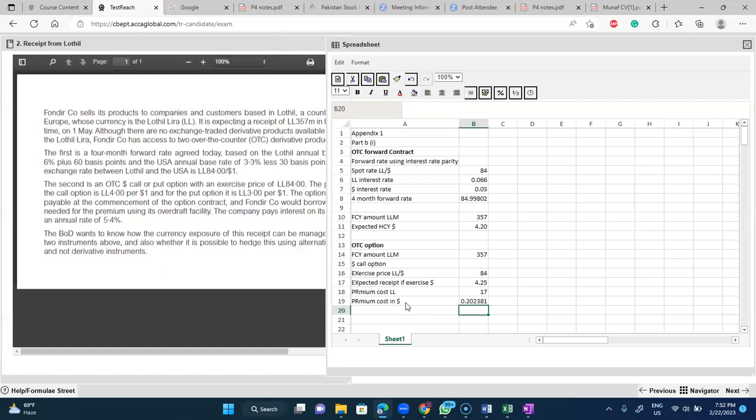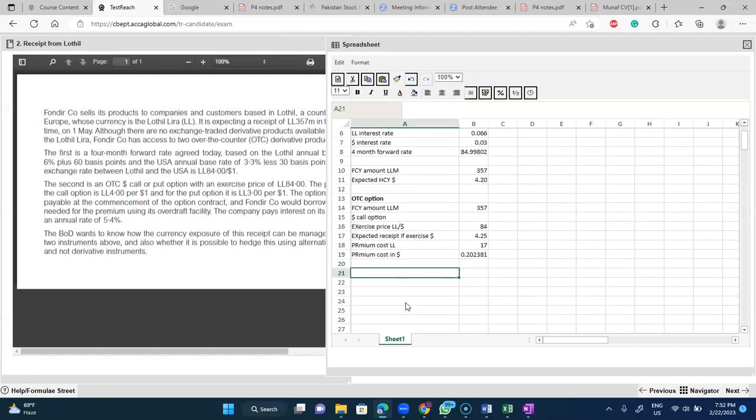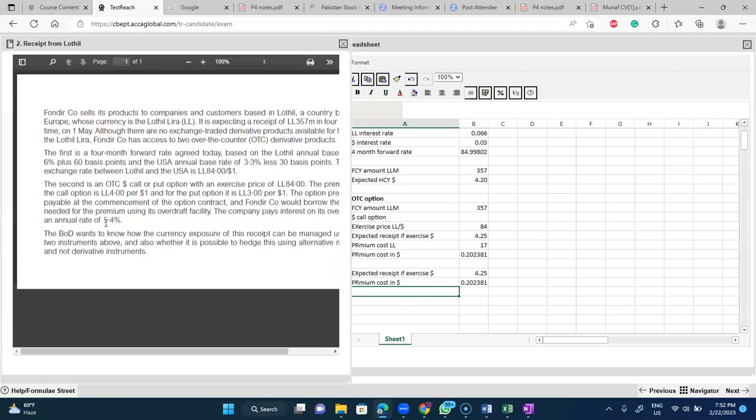Okay, now what is the total cost? Total receipt, sorry. Expected receipt is given. Premium in dollars is given. You can also add the interest on the premium to the dollar cost. 5.4% is the interest.